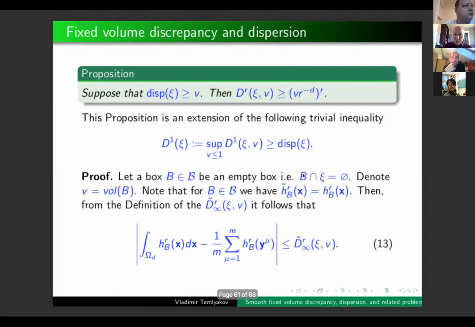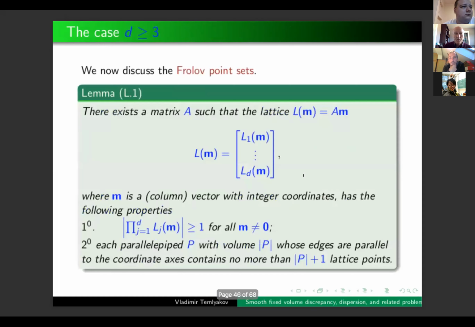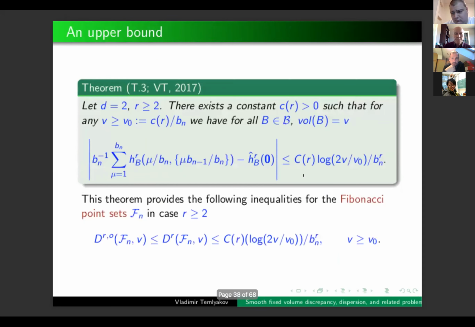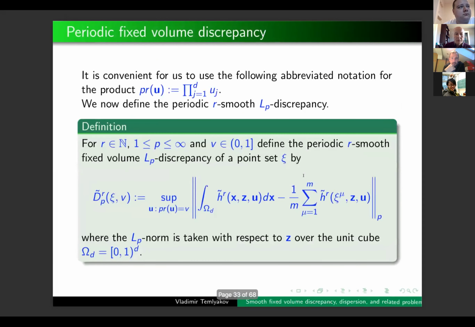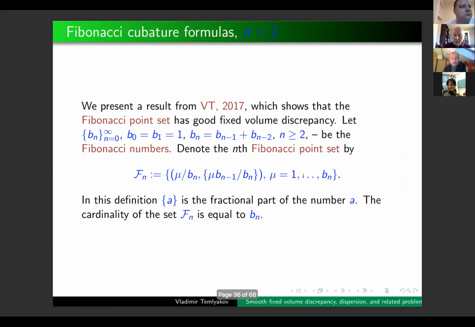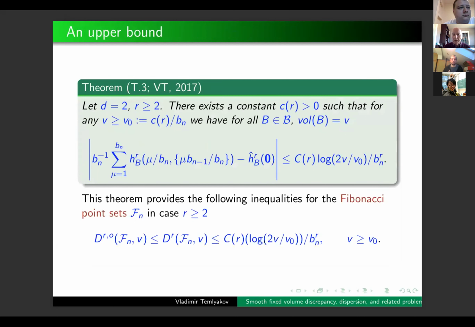Remember, in all those results, let me move back there. When we had these general results, for instance in this case, for the Fibonacci, we have that, but we have this for r greater or equal than 2.